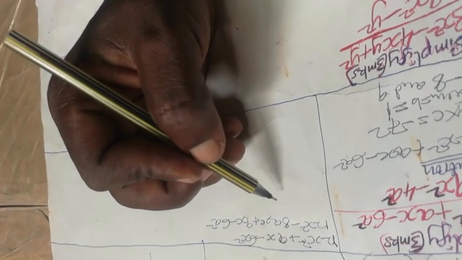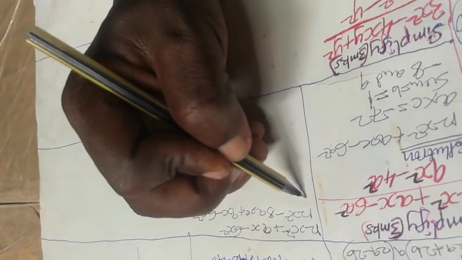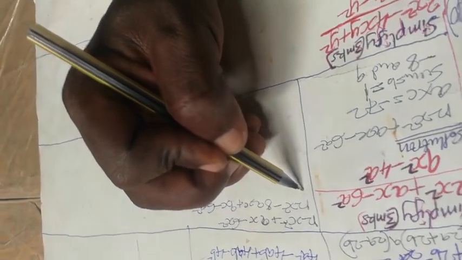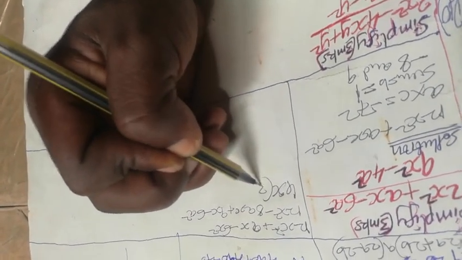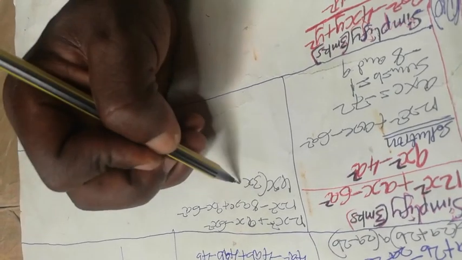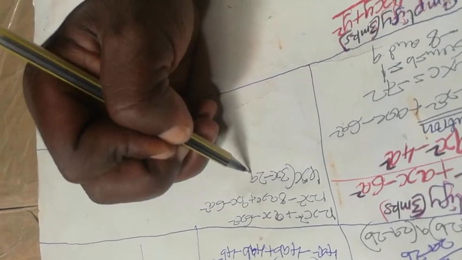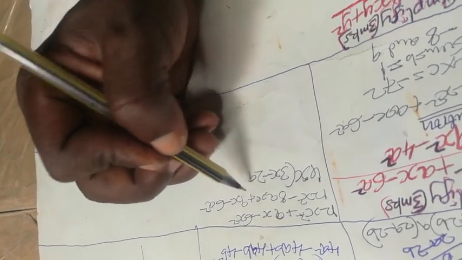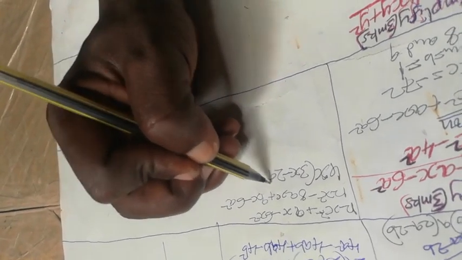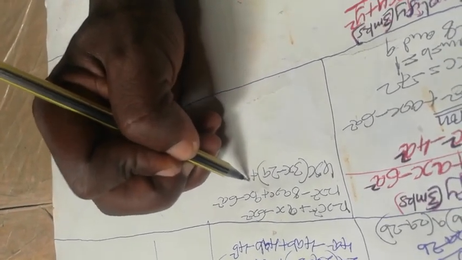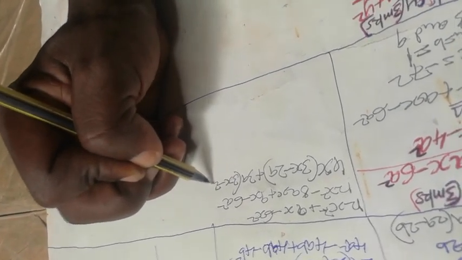Hence, here we are going to factorize. We are going to factor out 4x in 12x squared minus 8ax, 4x into brackets 3x minus 2a, plus 3a into brackets 3x minus 2a.